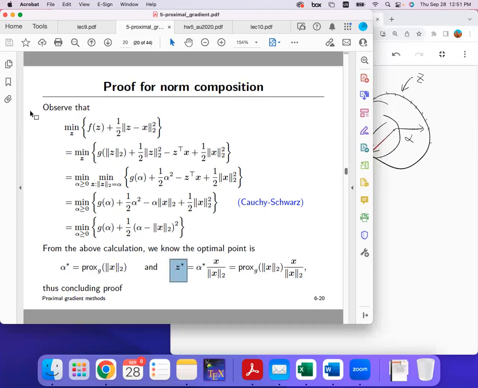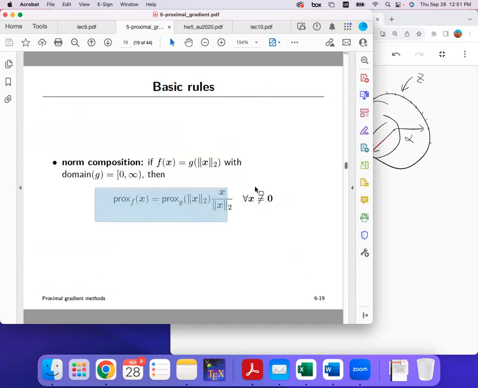And the Z star is the minimizer to this original problem, which is by definition the proximal mapping associated with F at X. Right. So this proves this claim.